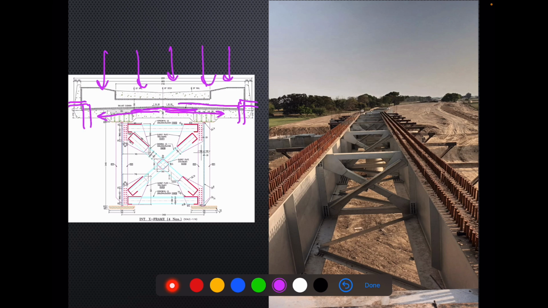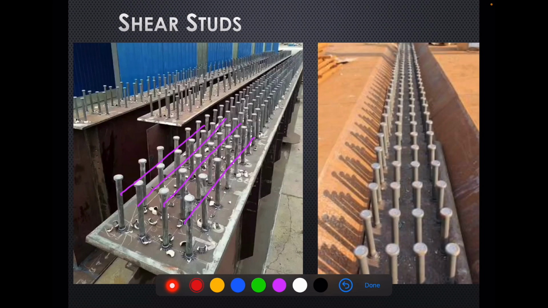This is a haunch kind of arrangement. If you look carefully, this is how the shuttering is also done, and this concrete deck slab shuttering is provided in the shape of a haunch. So this girder is ready for pouring the concrete.